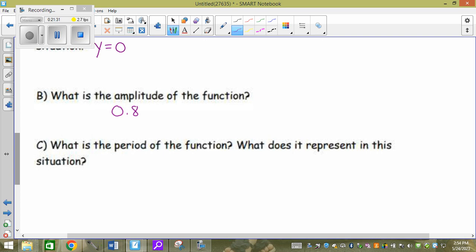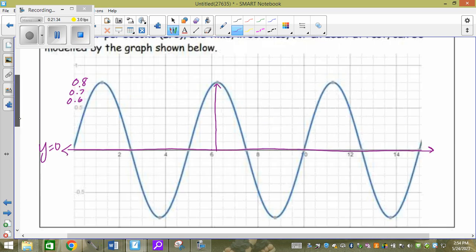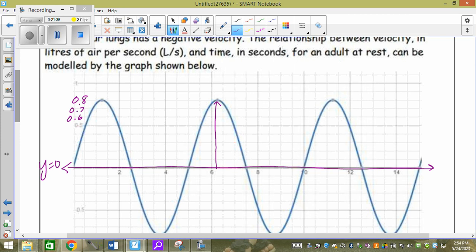What is the period of the function? What does it represent in this situation? So what's the period? I'm going to start here. I'm going to go past the max, past the min, then back up to that mirror height, which is here, which is at 11. 11 what?